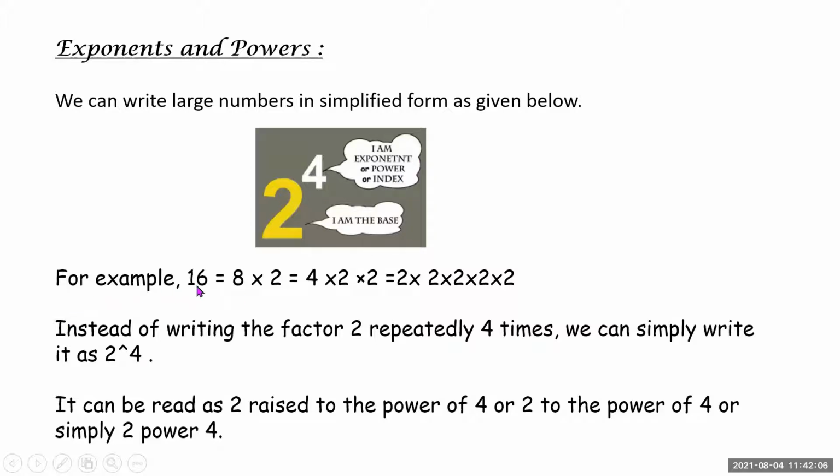For example, the number 16 can be written as 8 times 2, and again the 8 can be written as 4 times 2, and we have already one more 2 here, so 4 times 2 times 2. And this 4 also can be written as 2 times 2, so totally it can be written as 2 times 2 times 2 times 2 times 2. So there are 5 2's here.